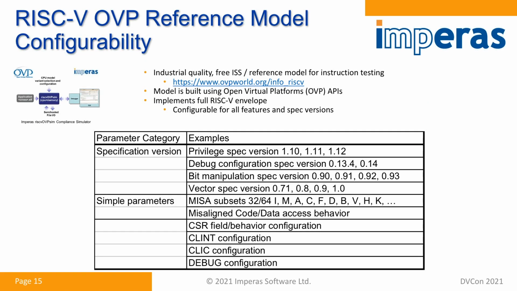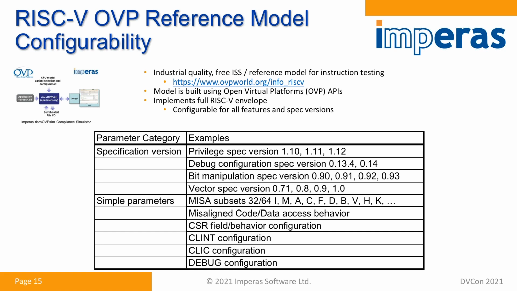Configurability was a key requirement for the reference models. And here we show just an example of the different parameters available in the OVP reference models. There are more than 100 different parameters or overrides in the models.